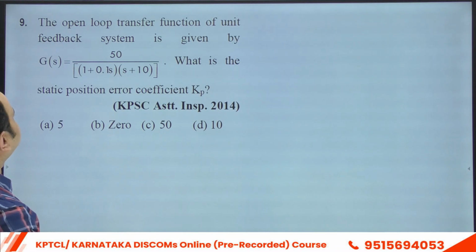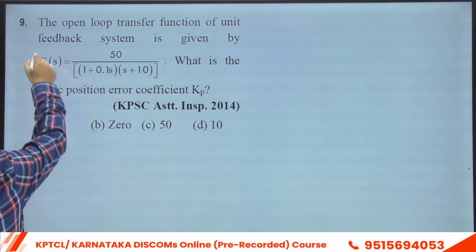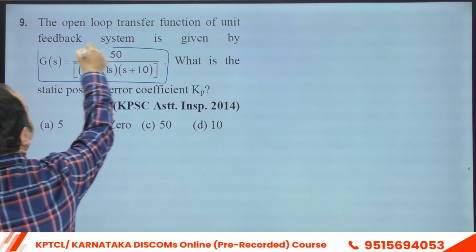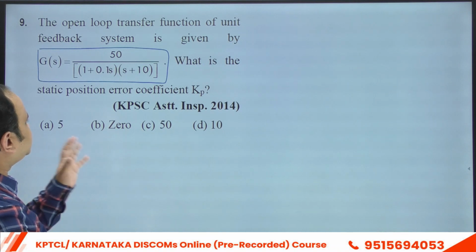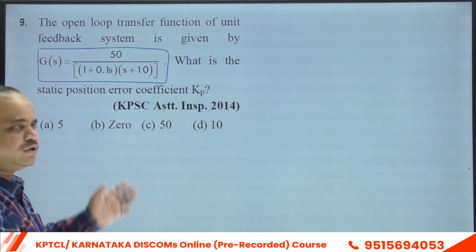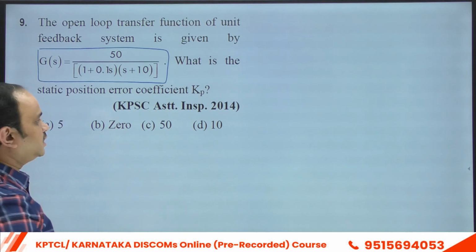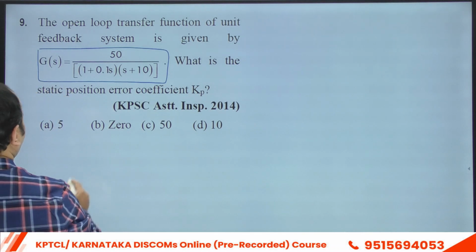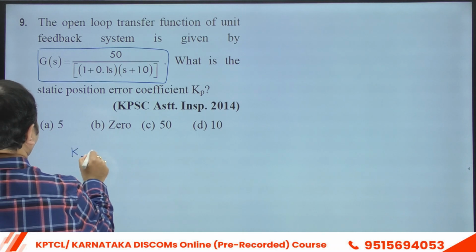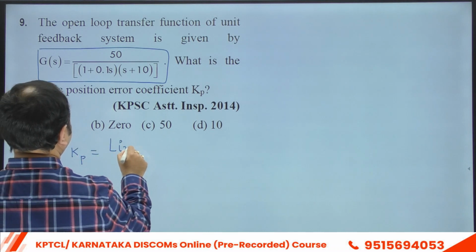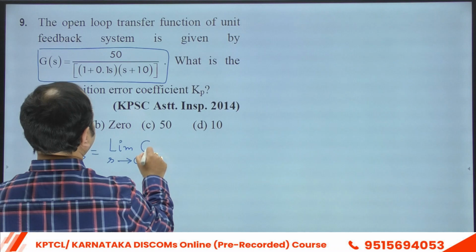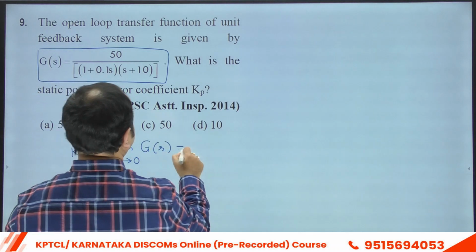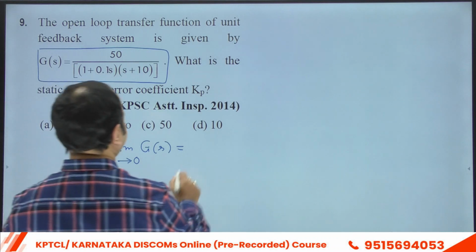The open loop transfer function of a unity feedback system is given by g of s. This is the given transfer function. What is the static position error constant Kp? This question is from the error analysis in the time response chapter. What is the basic definition for Kp? It is limit s tends to 0 of g of s.